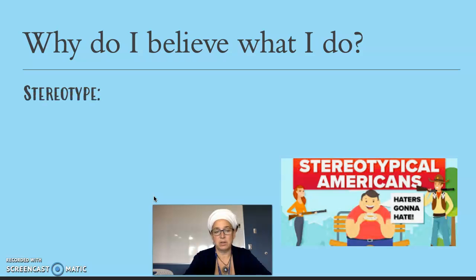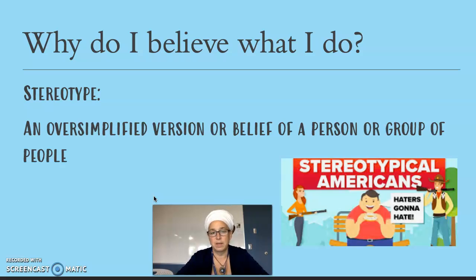A stereotype is another word that is very important to know. And we are going to be getting into stereotypes. They are an oversimplified version of a belief of a person or group of people. So we all have in our mind stereotypes, right? So if you look at that picture down on the right, you have stereotypical Americans.